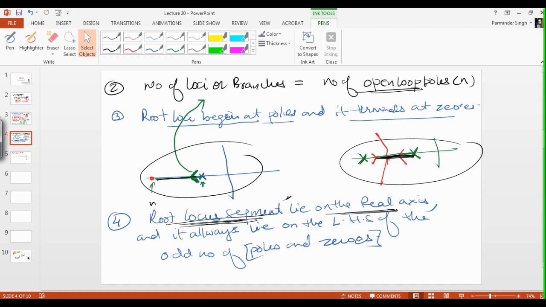It's not left hand side, it's right hand side, sorry for the correction. It always lies on the left hand side. No, sorry, it remains the same. Okay, my correction. It's always left hand side.